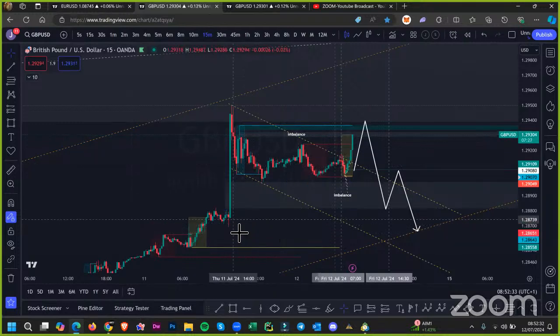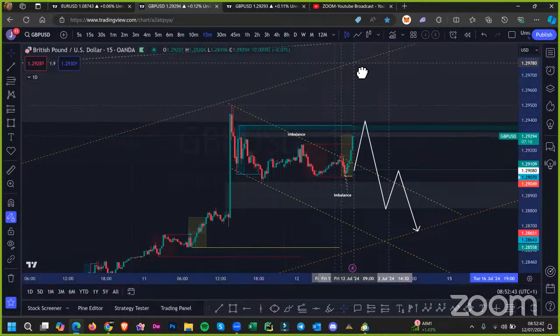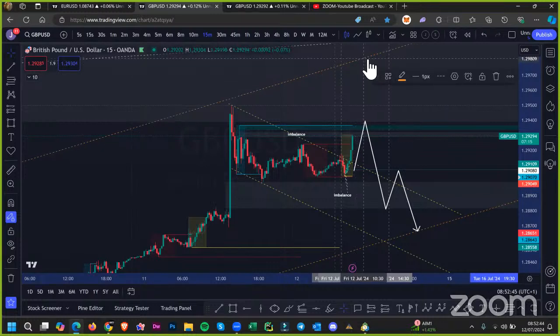It doesn't mean that it's necessarily going to start busting all the way down here. And we don't know whether this high here is the highest point, or whether it wants to come up and tap higher than this level. So we have to read and react to what the market is doing.